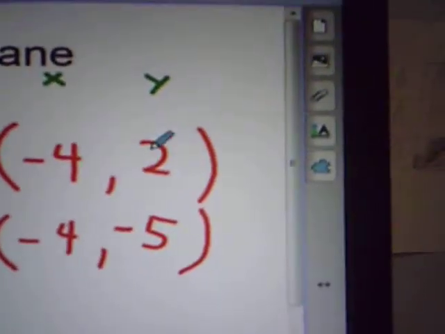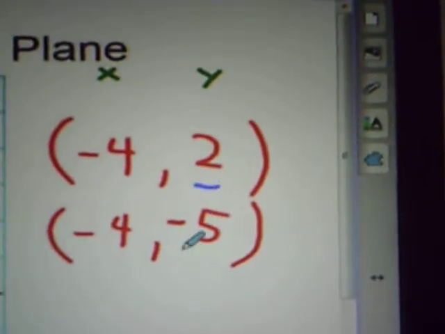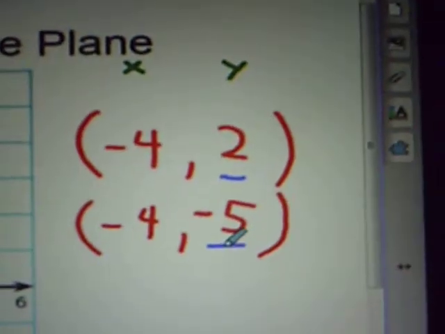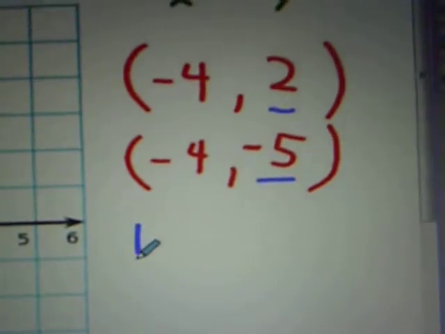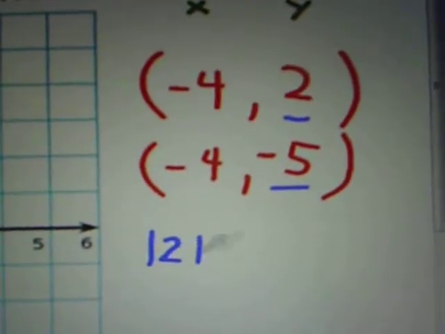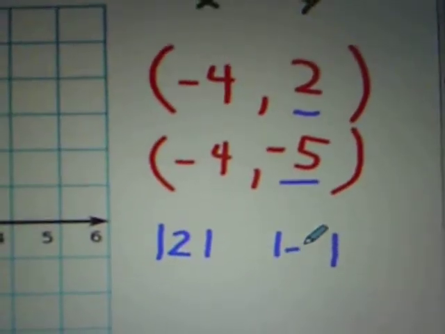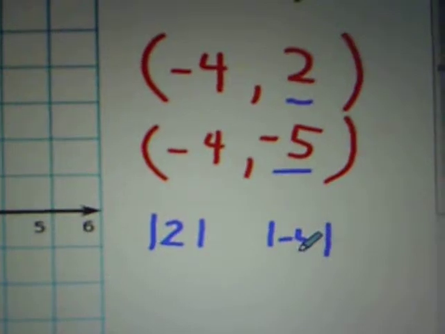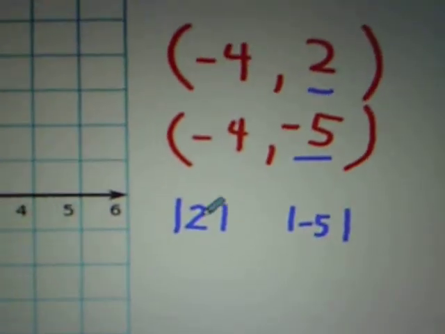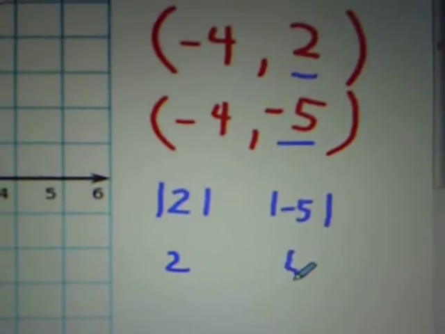So here's what we do. First, look at the points that are different. It's the y's, the 2 and the -5 that are different. Next, find the absolute value of each number. Absolute value of 2 and the absolute value of -5. Absolute value of 2 is 2. Absolute value of -5 is 5.